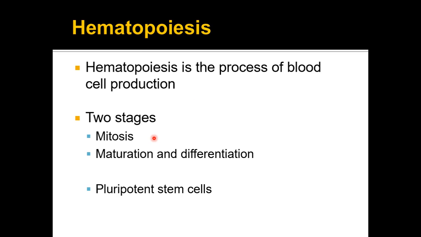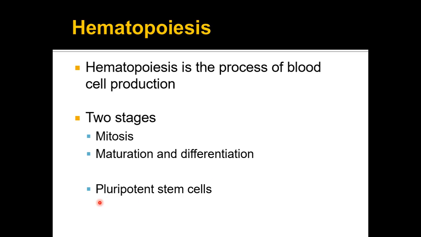So they all start out as a stem cell, and then the stem cell will divide through the process of mitosis and continue to divide. And with each division, that new cell will mature and differentiate more and more into the blood cells that we're familiar with, whether it's red blood cells or a granulocyte or an agranulocyte, and so on.